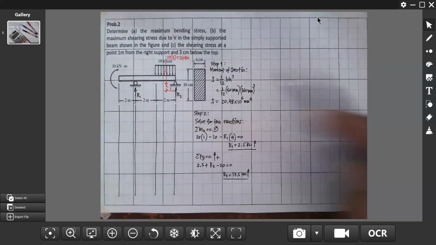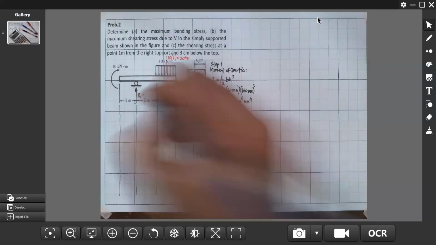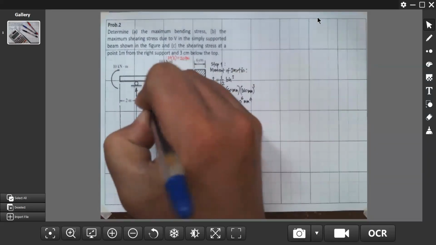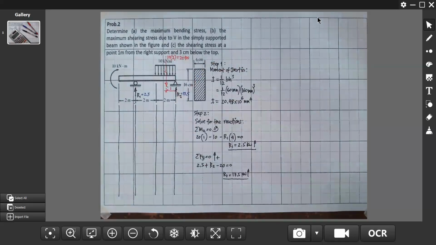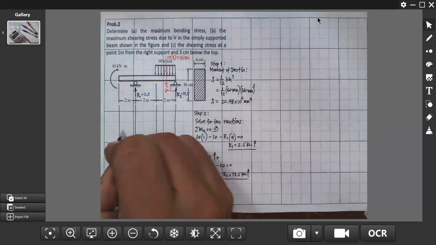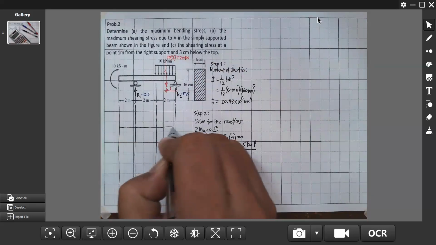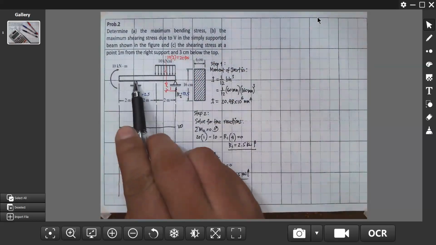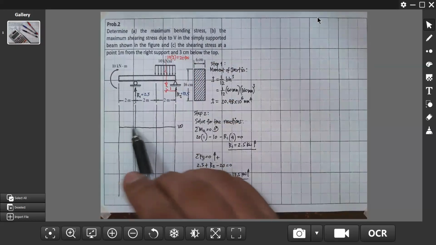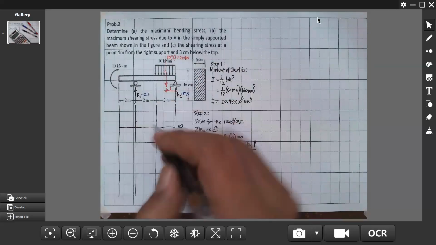Okay, so from the values computed, we can now draw the diagrams. This is 2.5 and this is 17.5. So if we draw the shear diagram, from this point up to the support, R1 is upward, so you have 2.5.